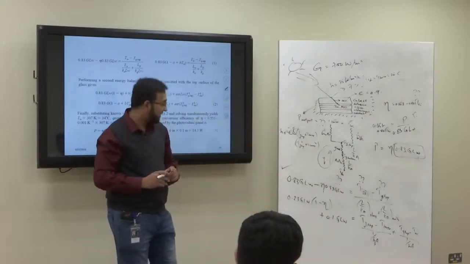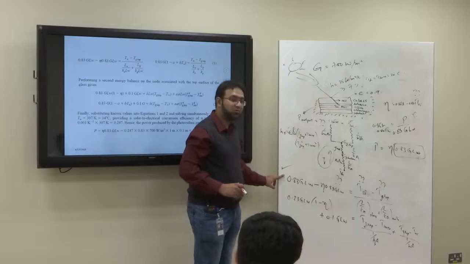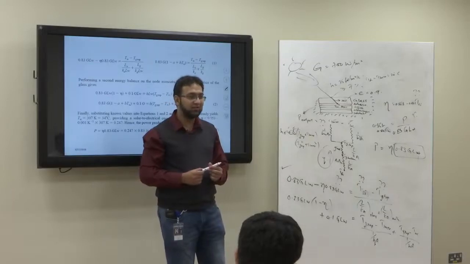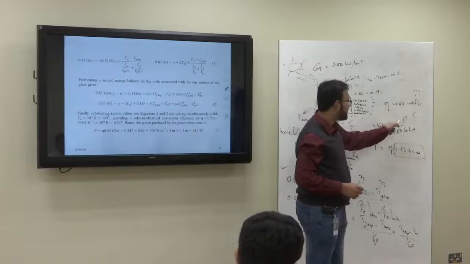So again this equation has two unknowns, Tg top and TSi. The previous equation also had two unknowns, Tg top and TSi. So simultaneous solution of the two equations will give you TSi. Once you have TSi, then you can substitute here and find out the power.